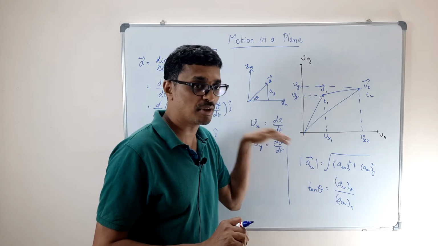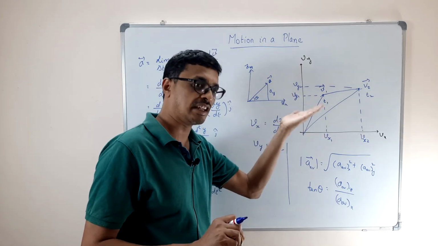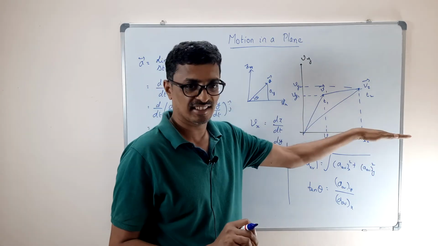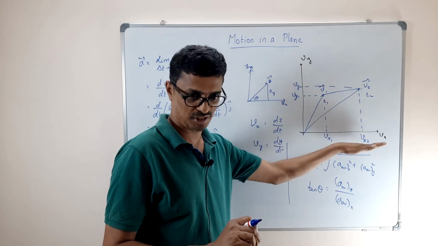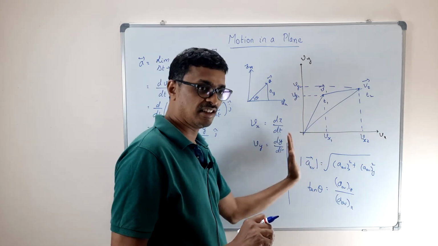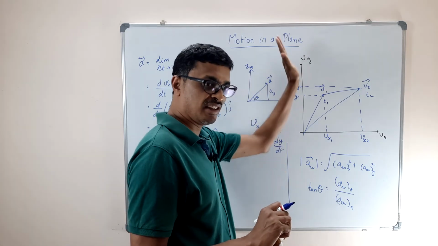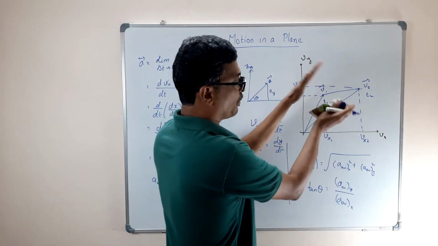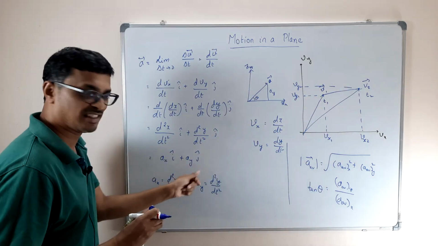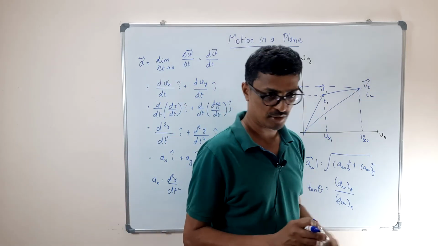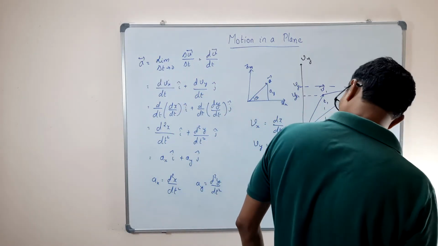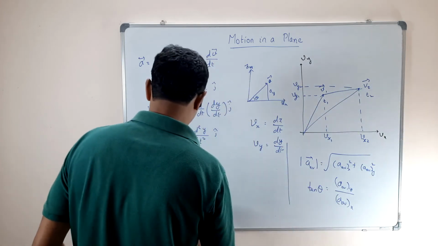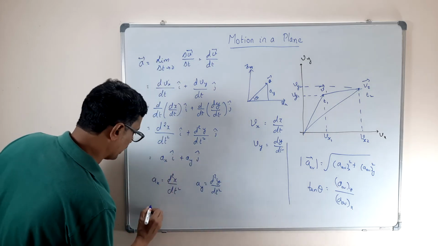Once you resolve it, they become rectilinear motion. That's why studying rectilinear motion is important: when you consider only the x direction, you can treat the whole thing as rectilinear motion. When you deal only with the y-axis, that is also rectilinear. When you combine them with the proper unit vectors, it becomes your actual two-dimensional motion in a plane. The same way, from there you can write the magnitude like this also.